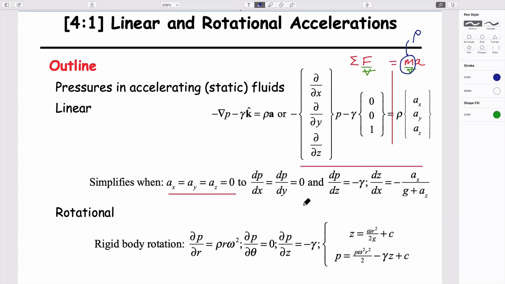So the expression that we used when we assumed that all of these acceleration terms are zero reduced to two important expressions. One was that as you go horizontally in a fluid to another point, you have to be at the same fluid pressure because there's no pressure change if you don't change elevation, which is what this is saying, which came out of this expression here, written in longhand.